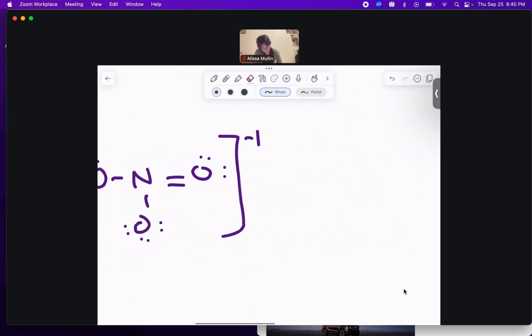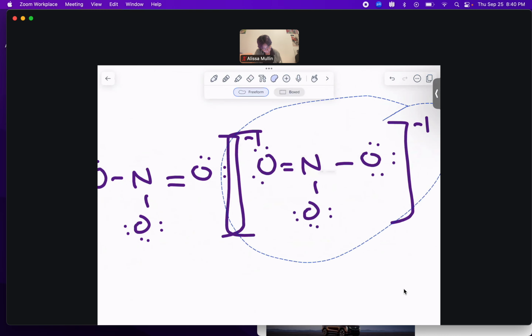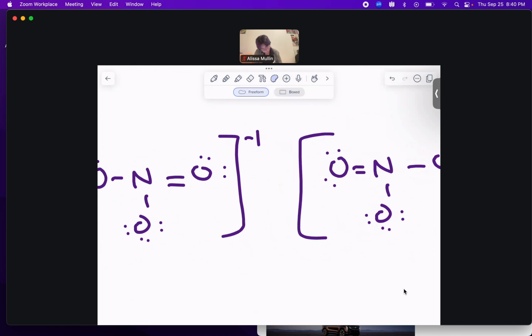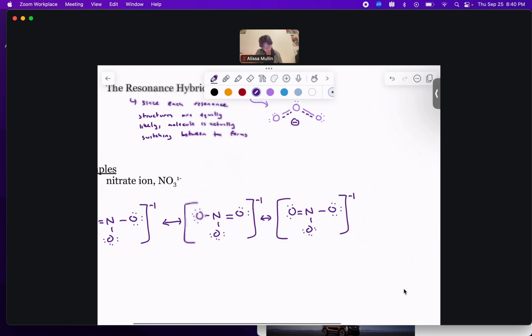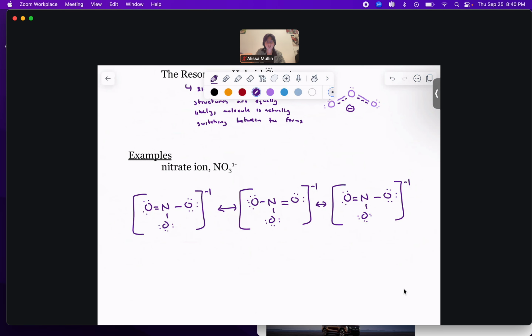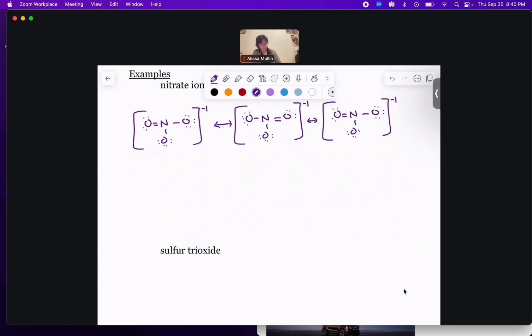And then another might look like this. But all of those are resonance forms of each other. I could say that my nitrate ion has 3 resonance forms, and just looking at this I can tell they're all equally favorable. There's no difference between those oxygens.